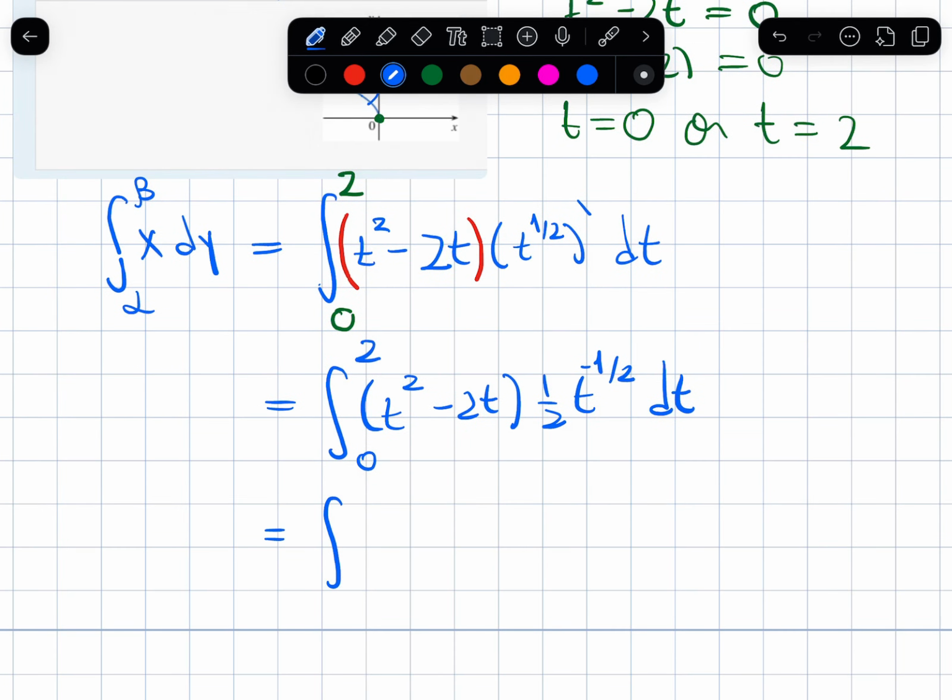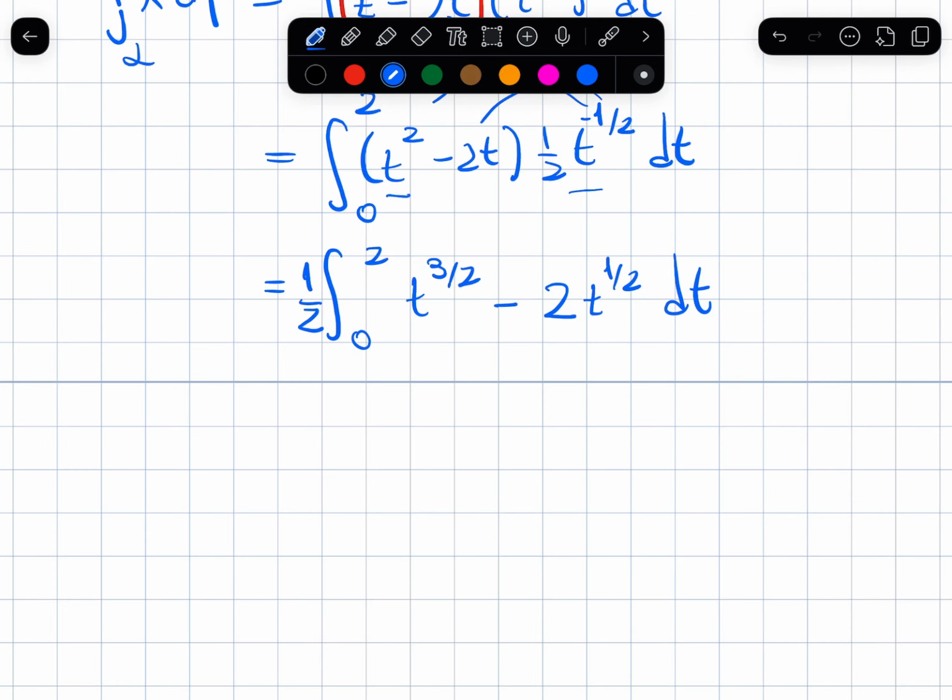And then I get to solve this one by distributive property, multiplying these in. I'll keep the 1/2 outside because it doesn't make a difference at all. And then I add the powers, t squared times t to the power negative 1/2. It's just t to the power 3/2. And then minus 2 times t to the power 1/2 positive.